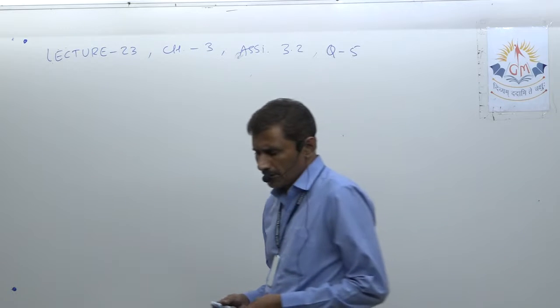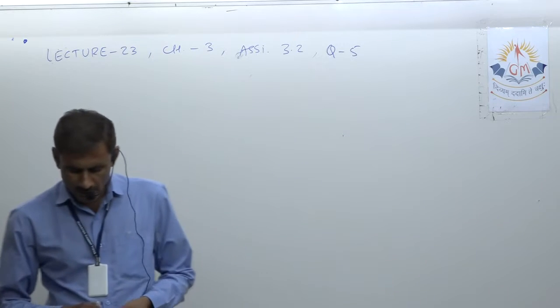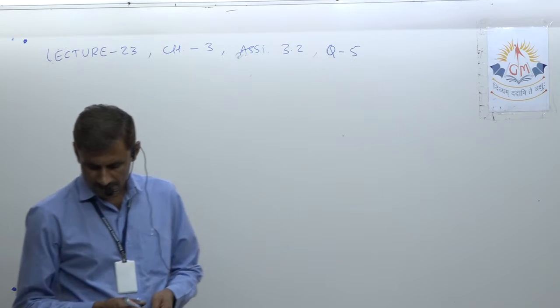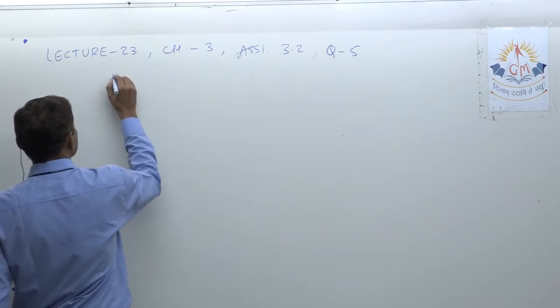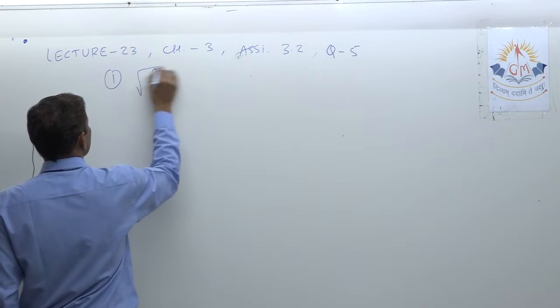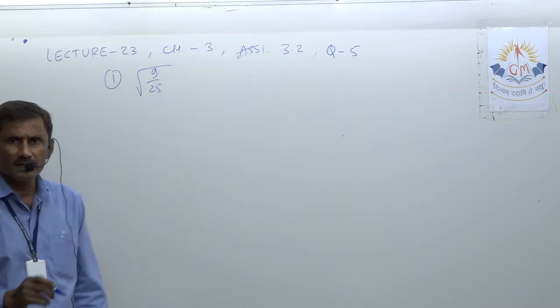Now again only square root is asked, but fractions, meaning rational numbers, are given. So look at the first one. 9 upon 25 is there, and we want to find the square root, so make the square root sign.